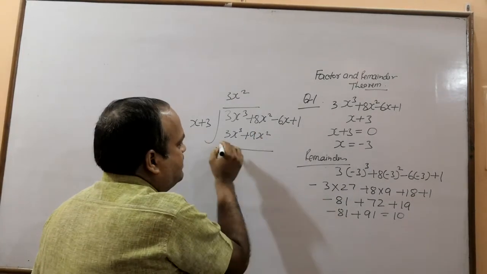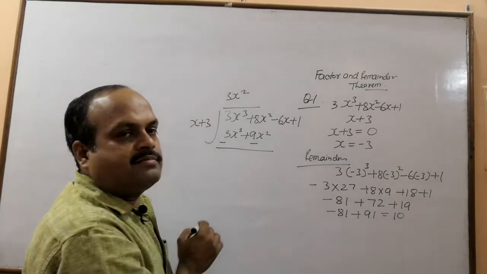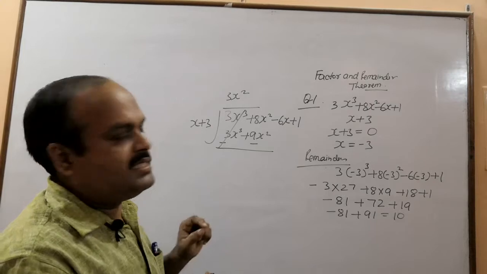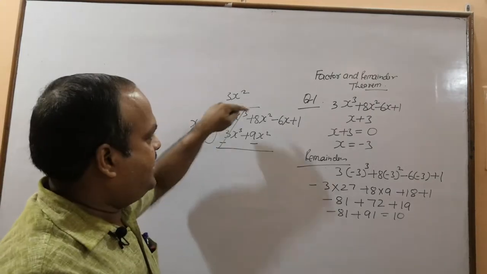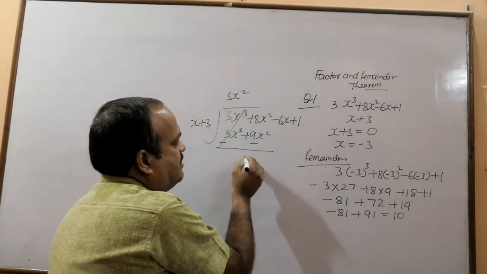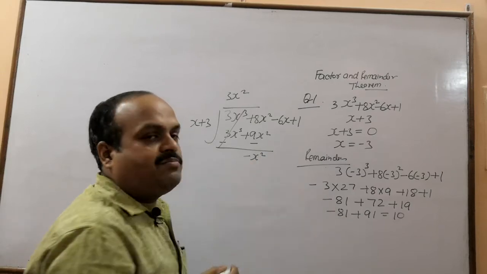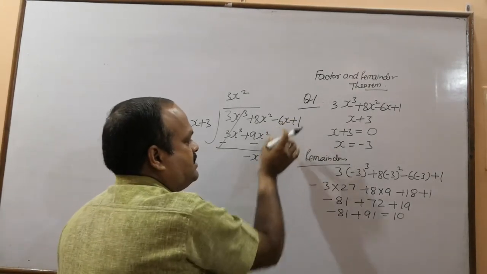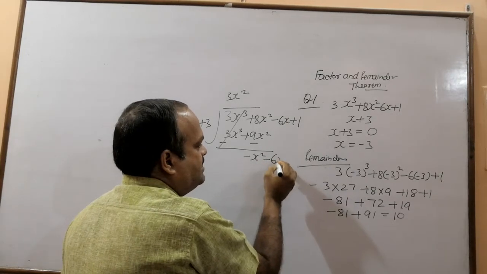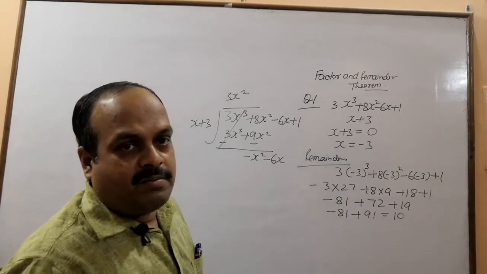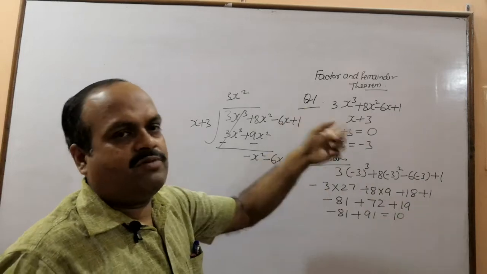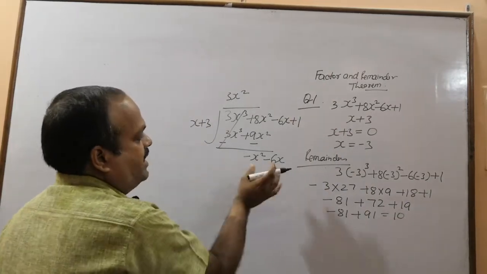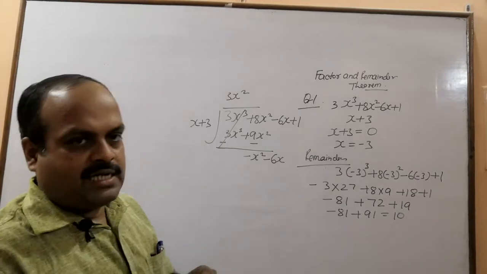Do the subtraction: 3x cube minus 3x cube cancels. Then 8 minus 9 gives minus 1x square, or simply minus x square. Get this term down, minus 6x. Remember we have 1 also, but that one we will bring down next time. Now we have minus x square minus 6x.